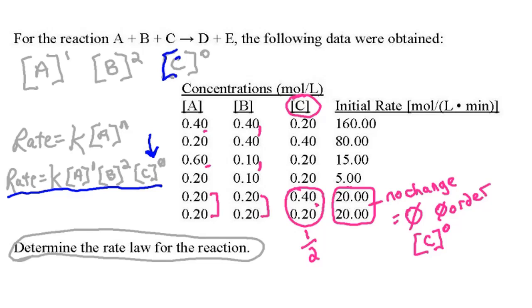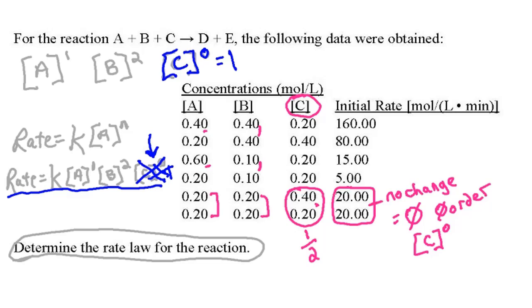So C to the 0 power is going to equal 1. So we can just go ahead and cross this out, because this is just the same as saying times 1. And so we don't need that, because 1 times anything is whatever the rest of the stuff is. So we just don't need to include this in the law right now.